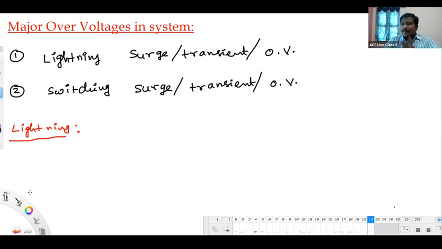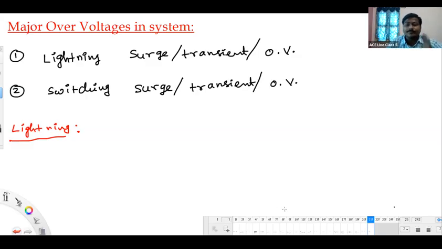So lightning, in our view, has two types: one in the sky, cloud to cloud, and the next, cloud to ground. Which one do we have to concentrate on? Whichever is reaching the earth. We should think about cloud to ground discharge only.